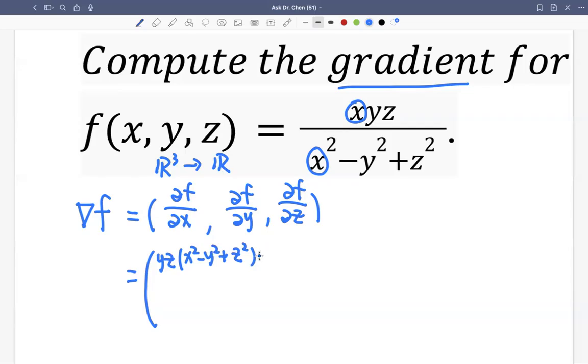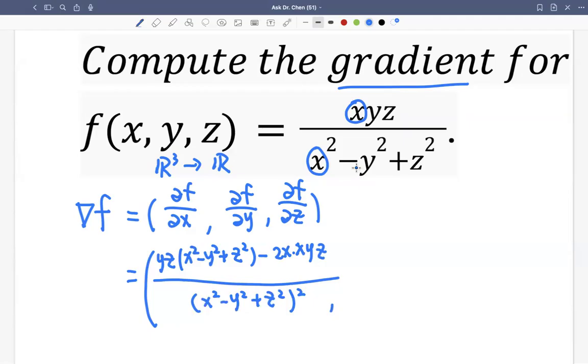Then subtract the derivative of the denominator with respect to x, which is 2x, times the numerator, which is xyz. Then divided by the denominator squared, x squared minus y squared plus z squared, then squared. So that's in the x direction.